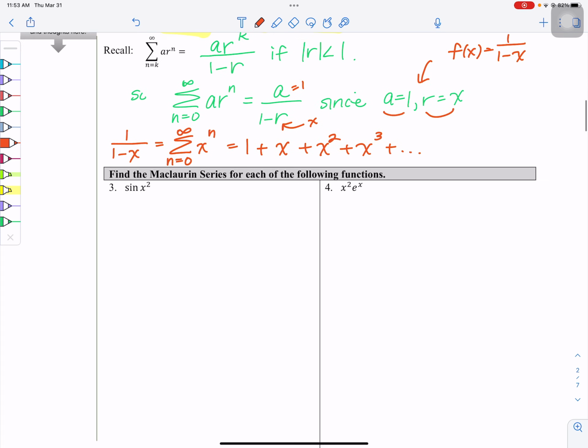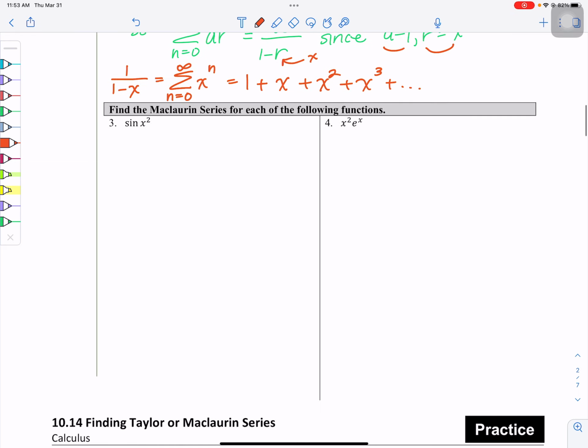Okay, now we're going to really get to where we're going with this, and why we would need to have these memorized and mess with these a bit. Let's take a look real quick and try to come up with the series for sine of x squared. What do we know?